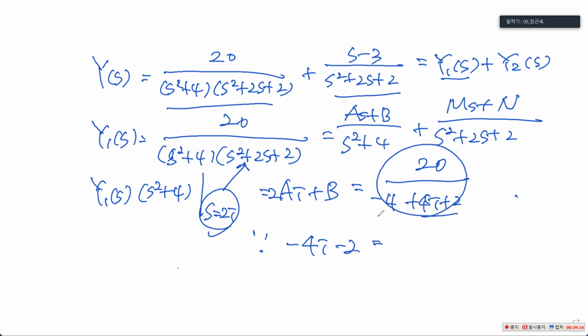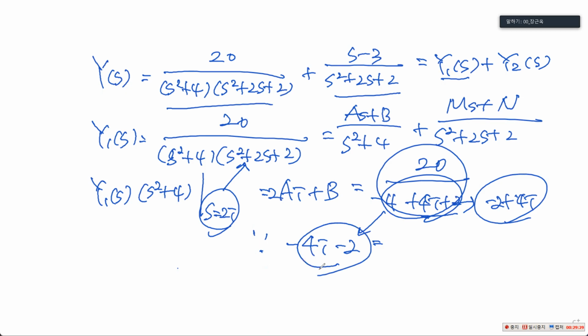That term is given by here. Why is that? Because it can be converted to negative 2 plus 4i. Okay, denominator. So we can rewrite them this way, and we can determine that a equals negative 2, b equals negative 2.